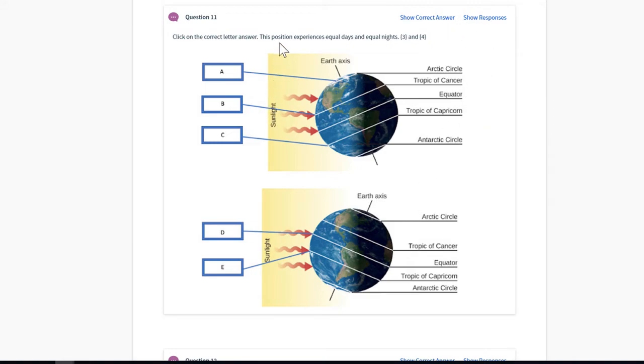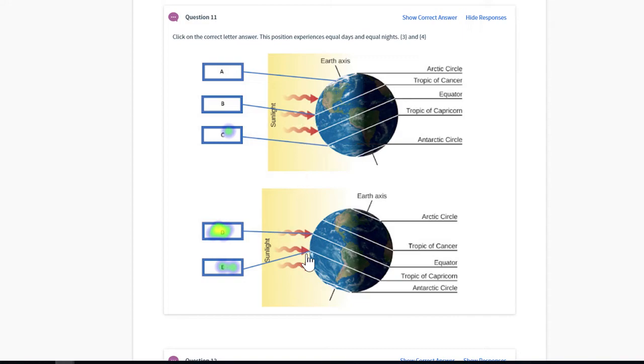Again, look for the correct letter. The position with equal days and equal nights. So what possibility do you have for equal days and equal nights? Some of you thought about the Tropic of Capricorn during the winter. No, very short days, longer nights. What happens here? 24 hours of day.